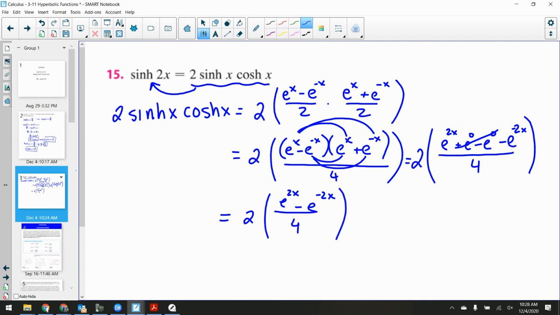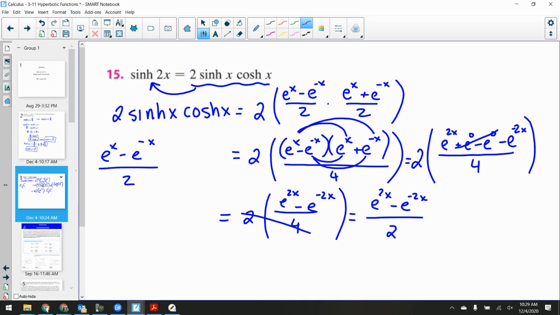Okay, now at this point, 2 over 4 is 1 over 2. So this is going to leave me with e to the 2x minus e to the negative 2x, all over 2. Now, look at that. If I had said, okay, take sine, original sine was e to the x minus e to the negative x all over 2.